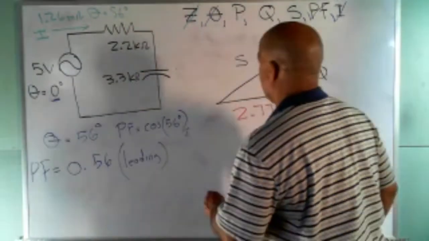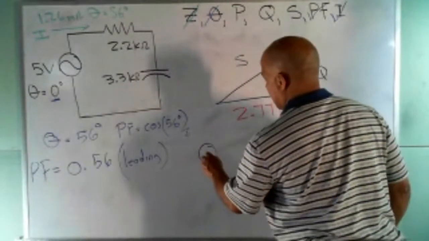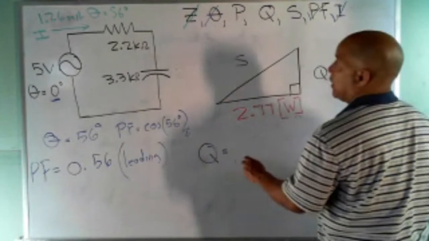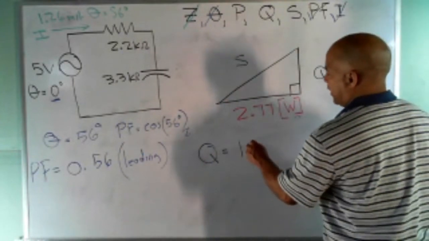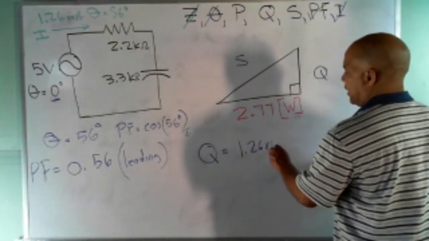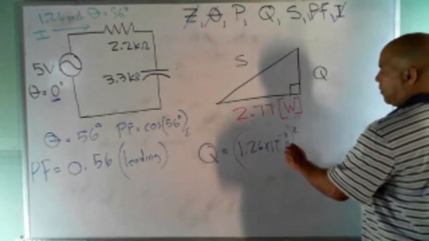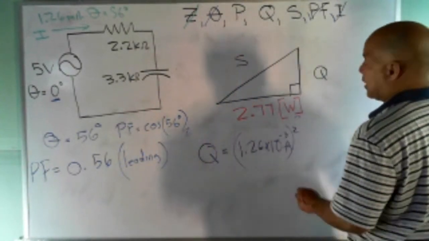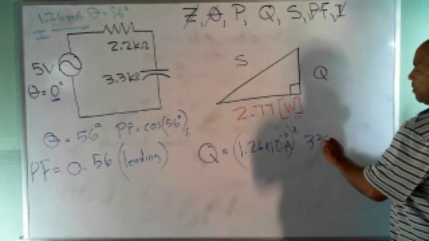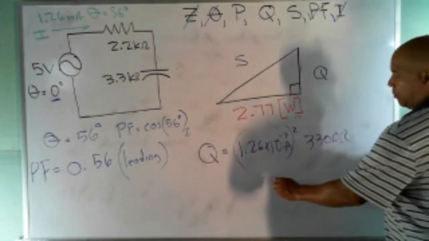So Q is going to be 1.26 times 10 to the minus third squared. Again, I put my units in there, times 3,300. Let me know what you got for that one.